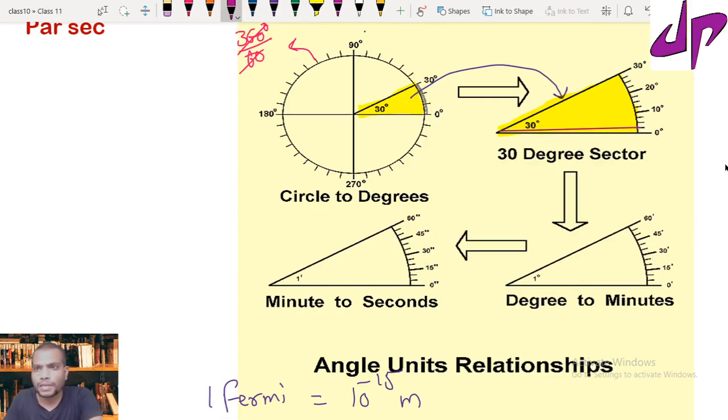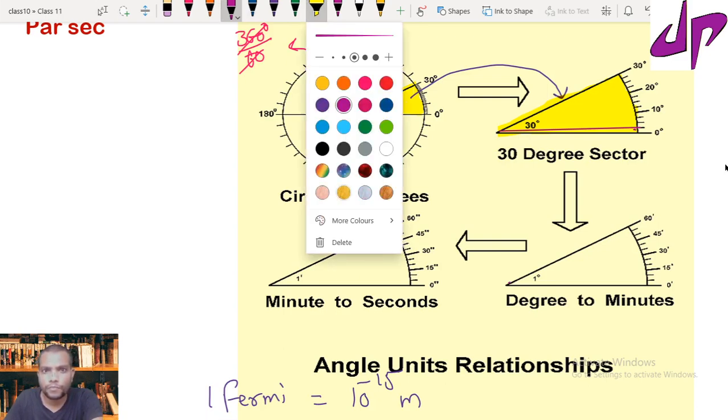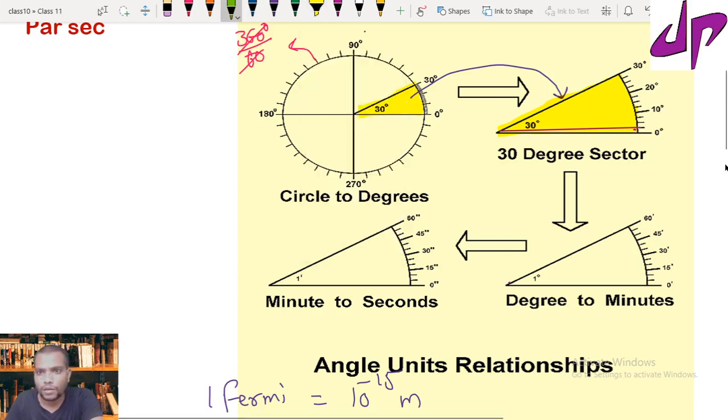Now from this 1 degree if we draw further, this is the 1 degree part.